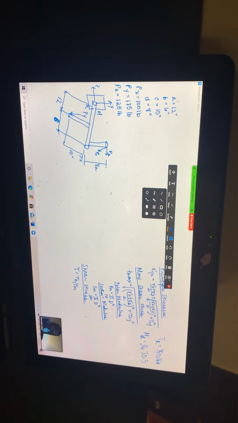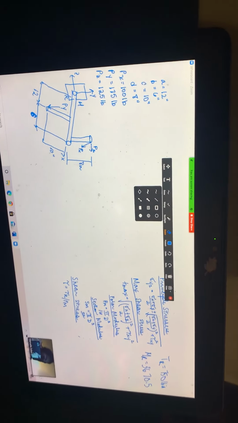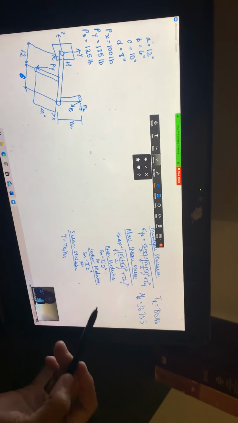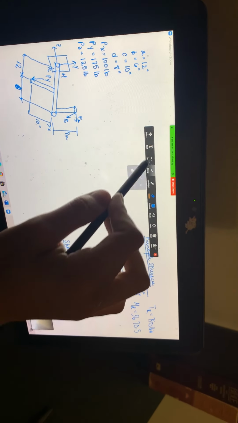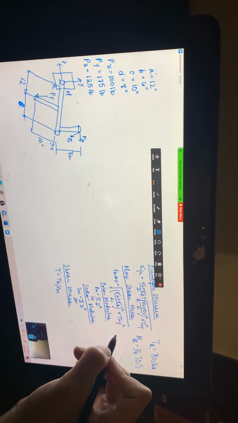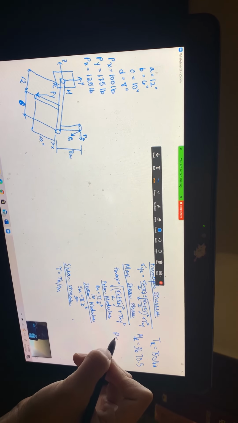Okay, so now the next step is to solve the polar modulus and the section modulus, which the equation is right here. And I'm just going to write out the answer for that just because it's pretty self-explanatory.